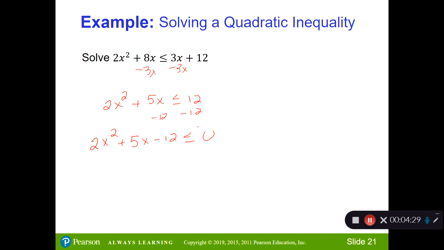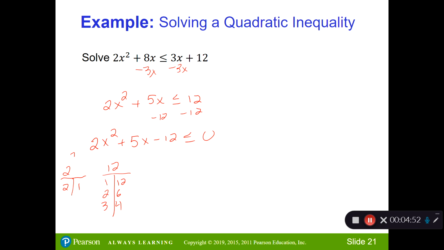Okay, so now if I look at the factors of 2, the factors of 2 are just 2 and 1. And if I look at the factors of 12, the factors of 12 are 1 and 12, 2 and 6, 3 and 4. To quickly see if I can factor, I'm just going to take the factors over here and run them through the factors over here.